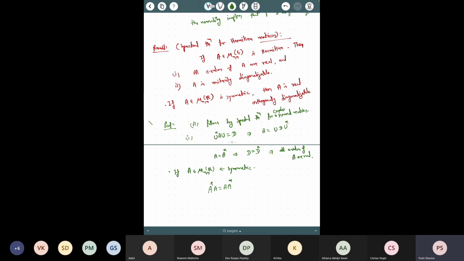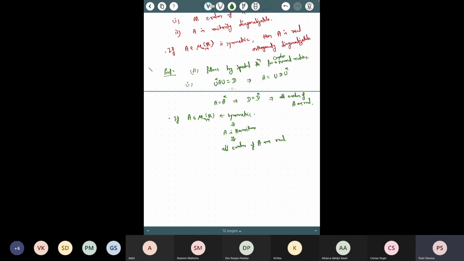And because of part 1 of this result, all eigenvalues of A are real. Symmetric implies A is Hermitian, and this implies that all eigenvalues of A are real.